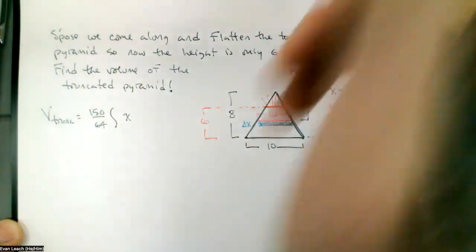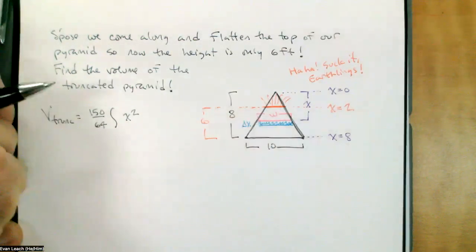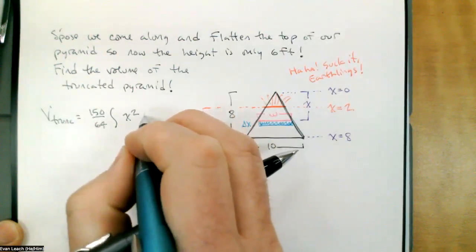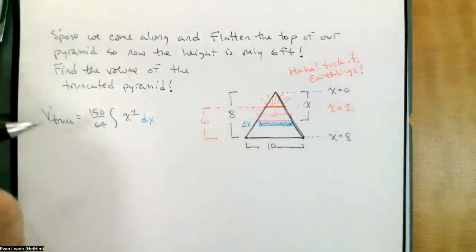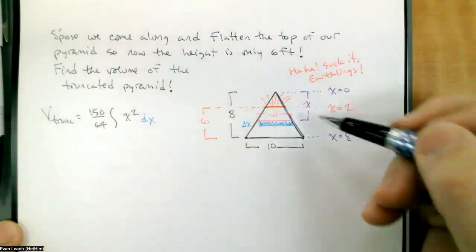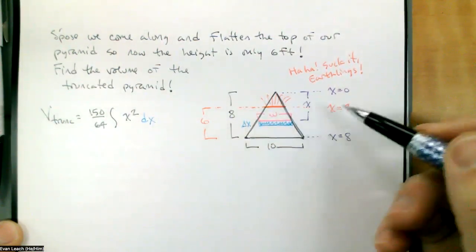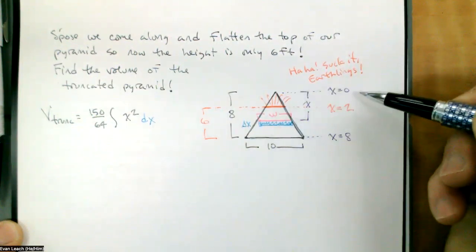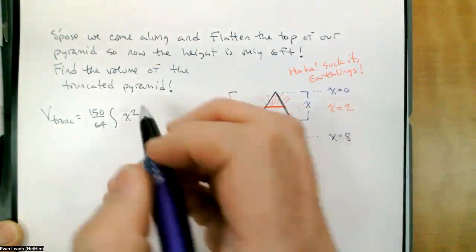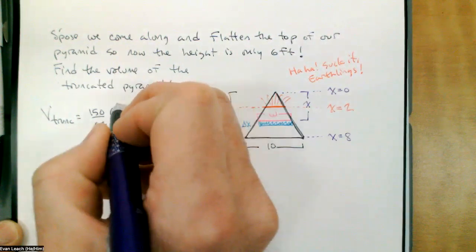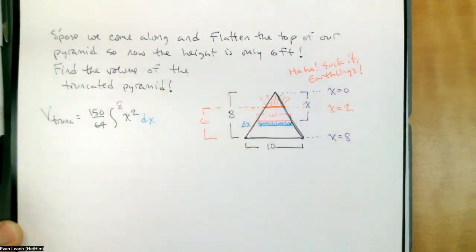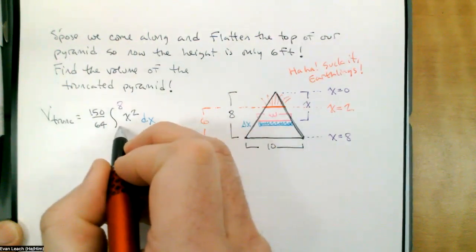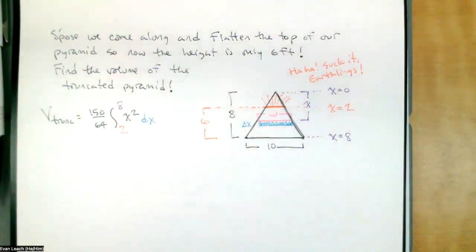It was just an x squared dx. Where before we had pyramid starting at x equals 0 all the way down to 8, we just truncate off the 2 feet from the top and integrate from 2 to 8.